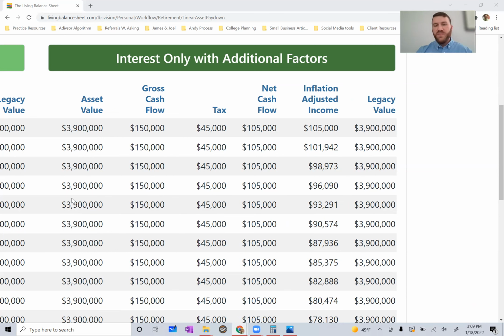And like we see from an inflationary standpoint, $105,000 10 years into the future, we're having some interesting conversations. So there's advantages and disadvantages of this methodology, but this is the first one. And next we'll look at the total returns approach.